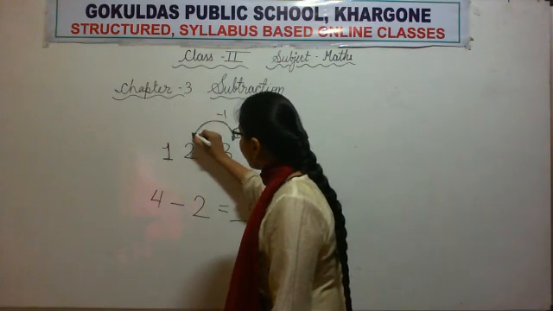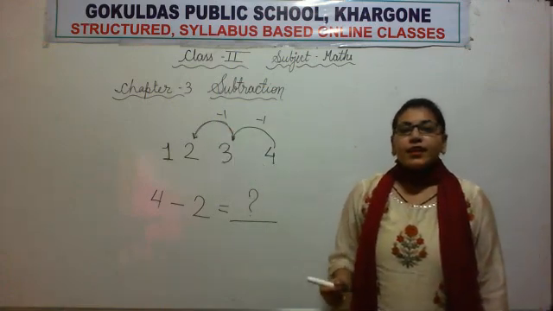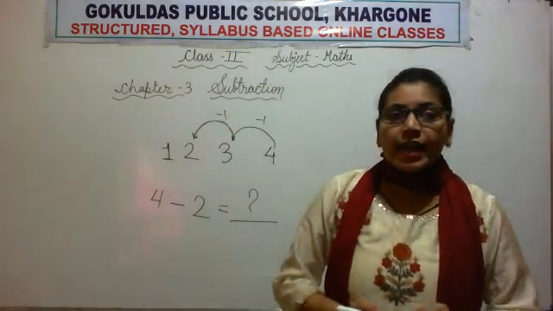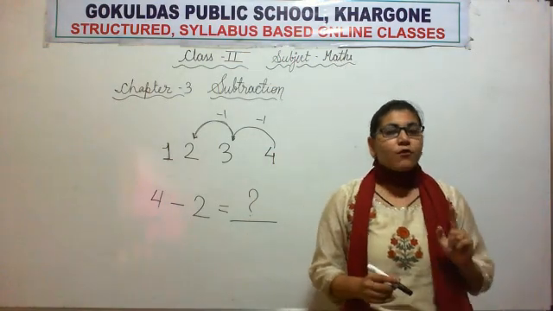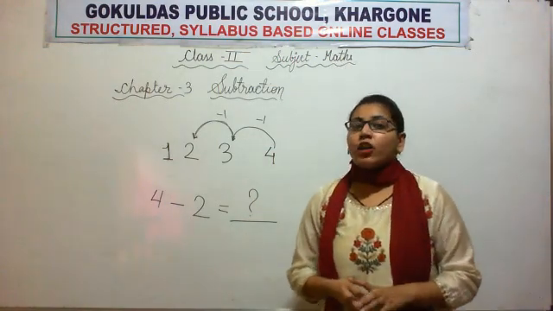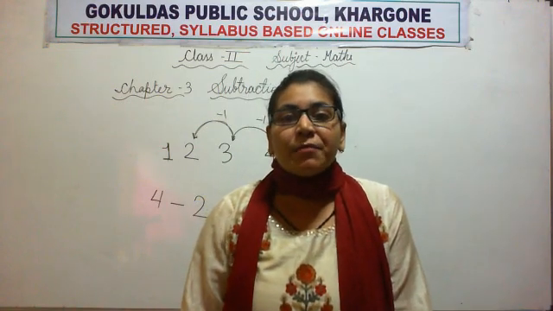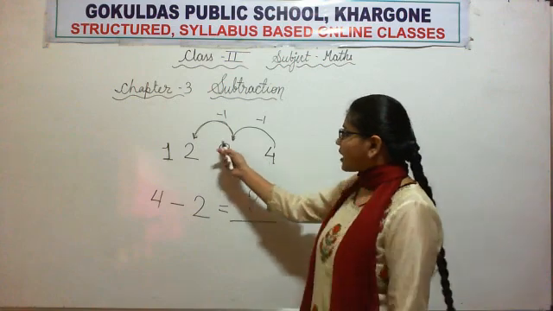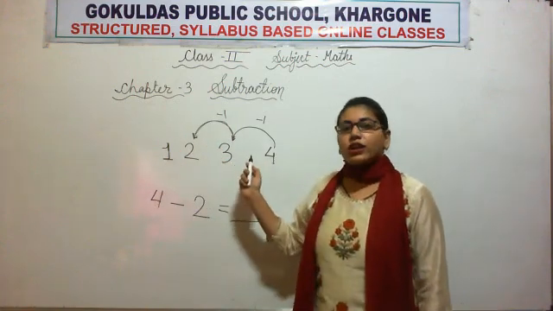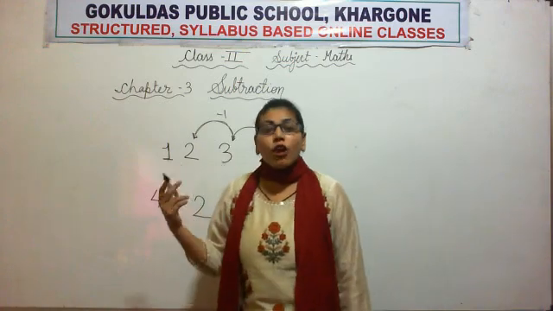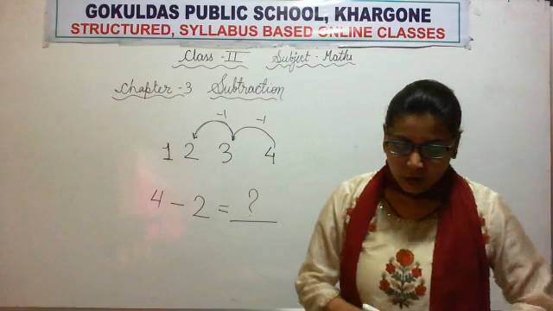So now I have only 2 books. So what is happening here? We are removing 1, 1. And you know what we call it when we remove 1 from any number? We are just counting backward. What comes before 4 is 3, and what comes before 3 is 2. We are just counting backward.